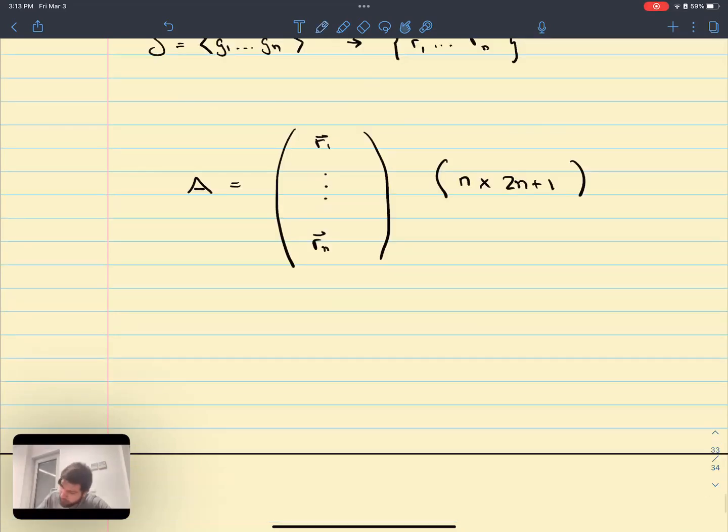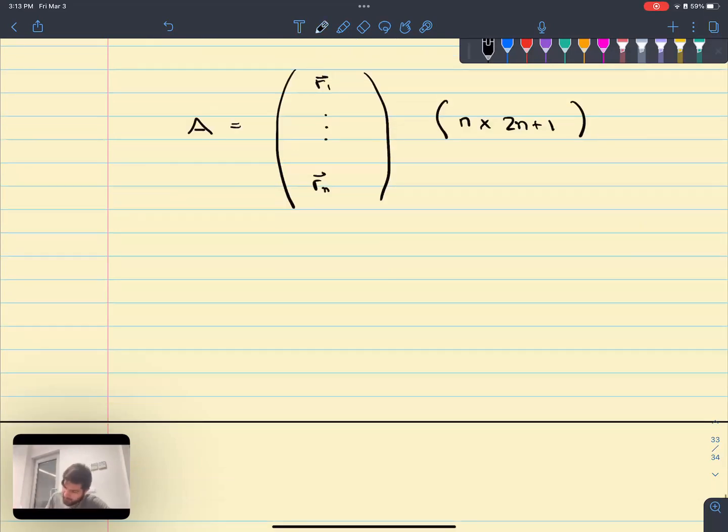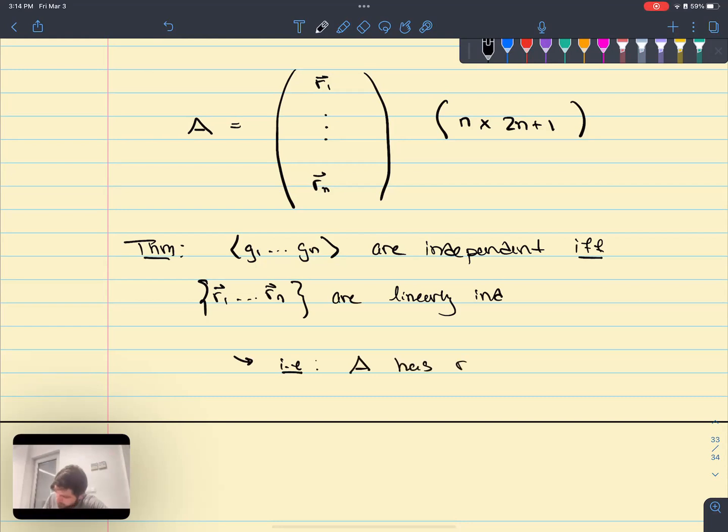If we want to find the independent generators, and that's going to help us specify a particular quantum state, a stabilizer state, then we have this theorem, which says that G1 to Gn are independent if and only if the vectors R1 to Rn, the corresponding vectors, are linearly independent. Or just that A has rank n.